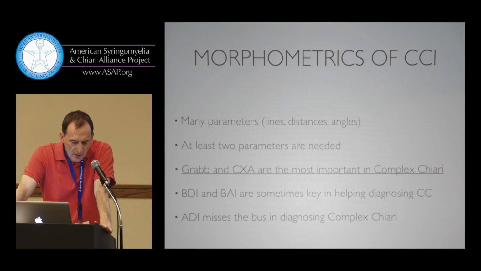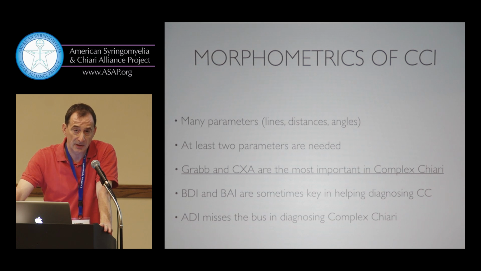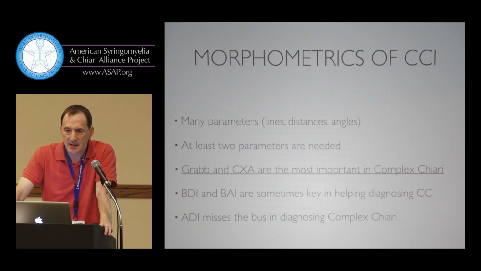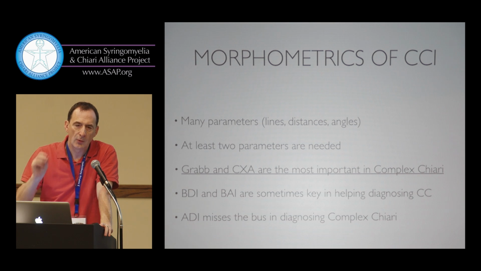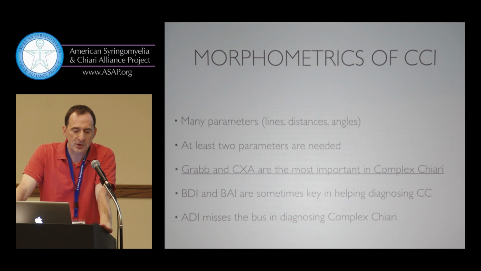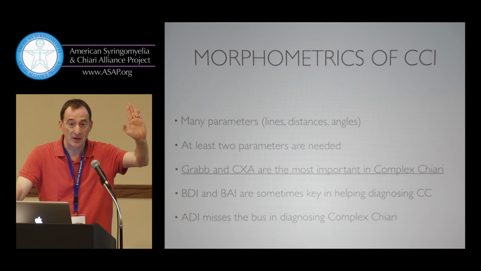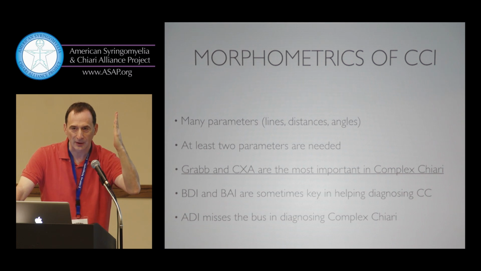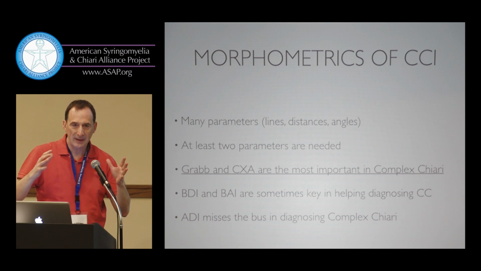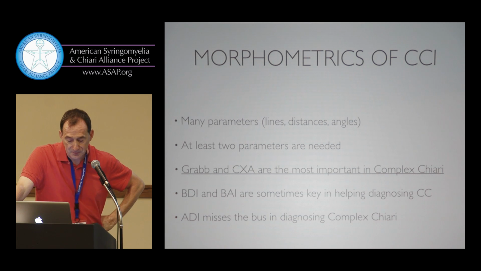The tenet, the mainstay of the morphometrics of craniocervical instability, different from anywhere else, is that since it is so complex, you have to look at this joint with at least two parameters. One is not enough. I always use the example of the flounder. If you look at a flounder like this, it looks like a damn big fish. If you put it like this, it looks very puny. So you need perspective, and you need two complementary points of view in order to better understand.